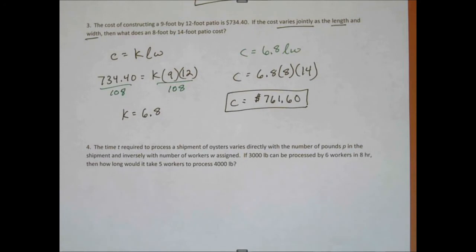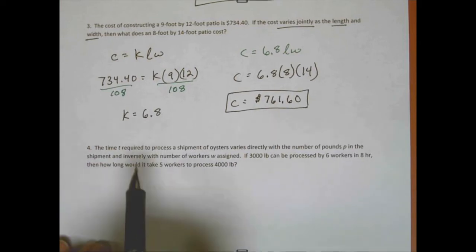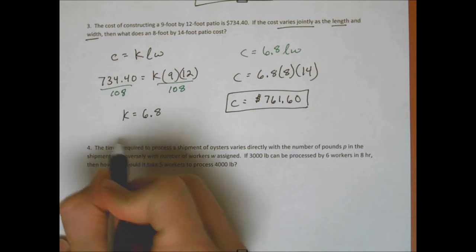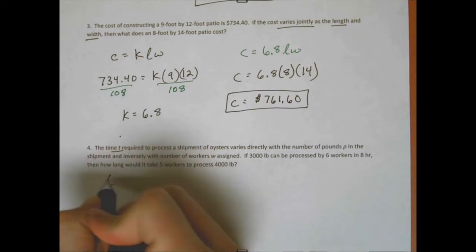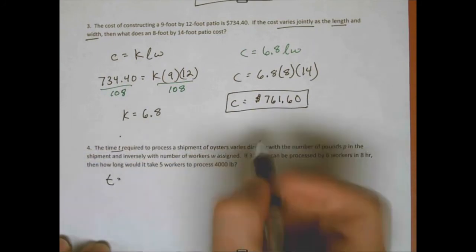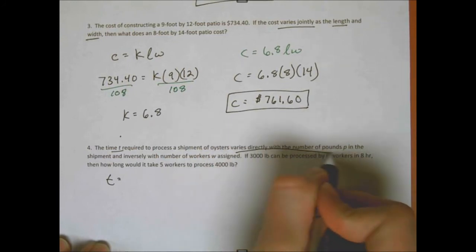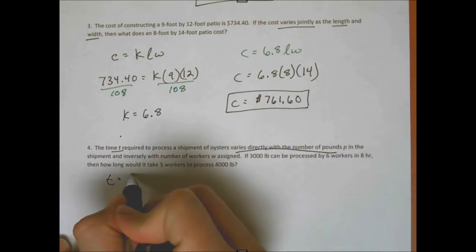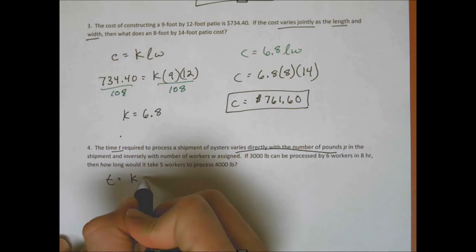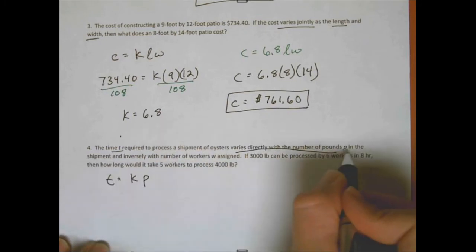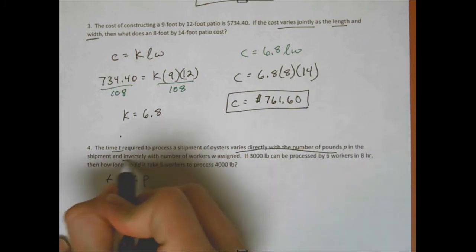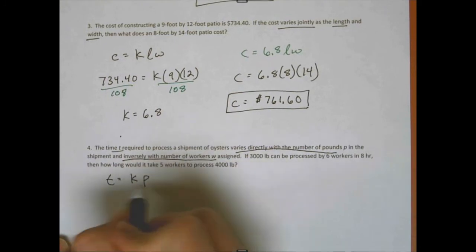Okay, number 4. Pause the video and try number 4. As you're reading through this, identify the variables. The time required, so we have T, to process a shipment of oysters varies directly with the number of pounds. So we'll use k, and we'll use P for pounds in the shipment, and inversely with the number of workers.